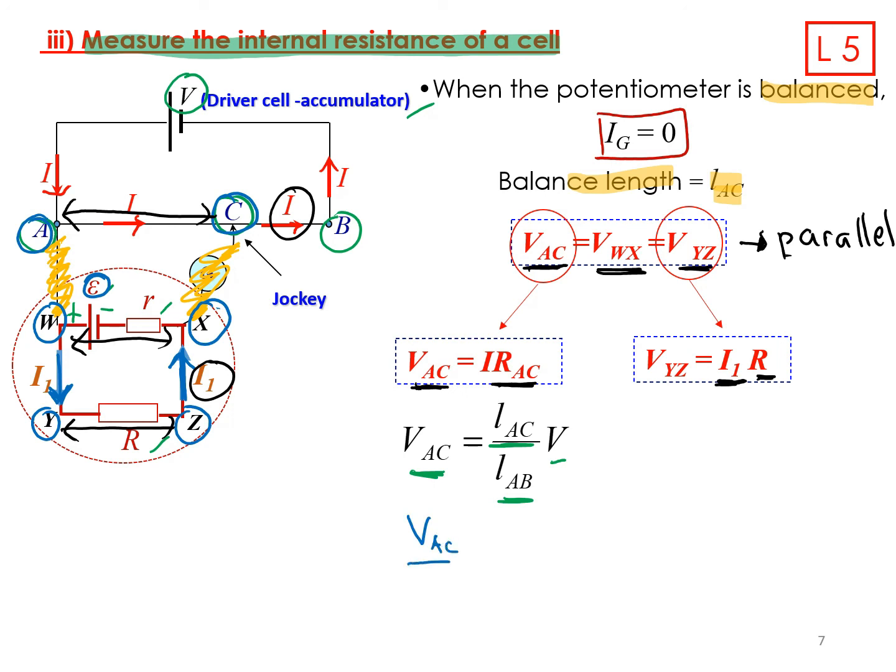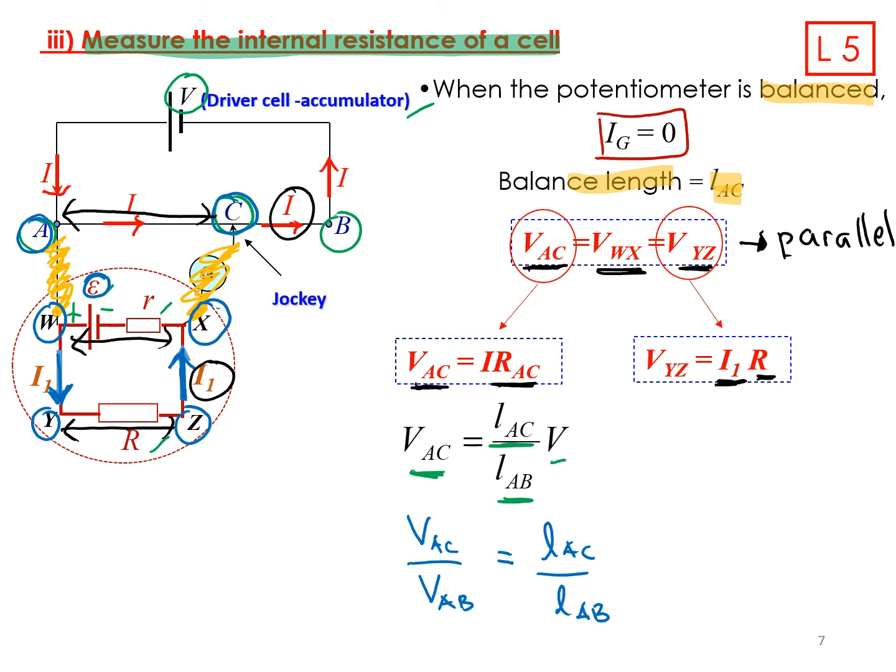VAC over VAB equals LAC over LAB. This is how the step to find the voltage by using potential divider.